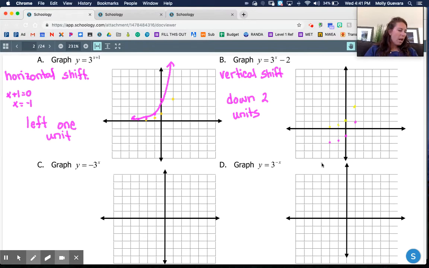There we go. And then you have to ask yourself what also comes down 2 units. Hopefully our first thought is the horizontal asymptote also comes down 2 units. So I have to redraw that. There's my horizontal asymptote, and then I can draw the graph.